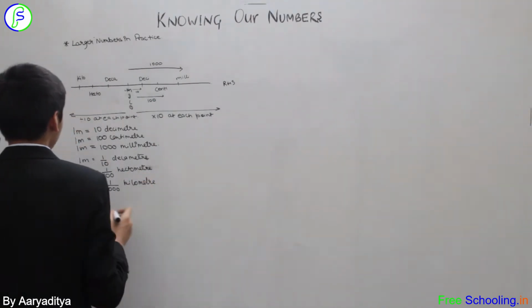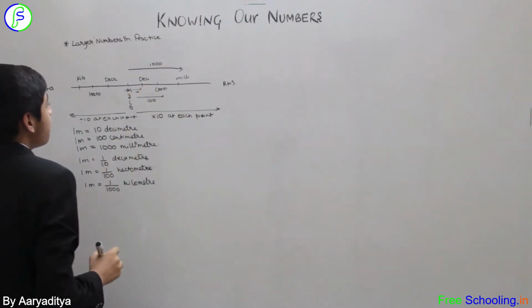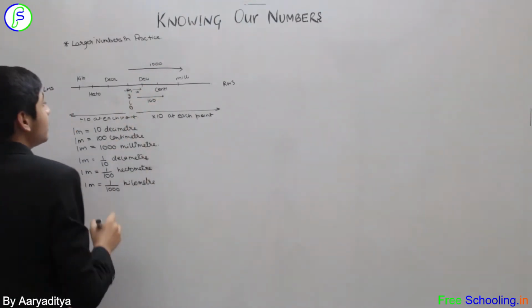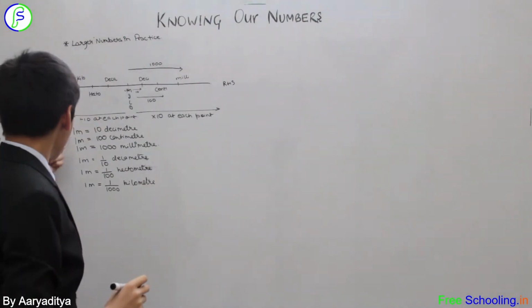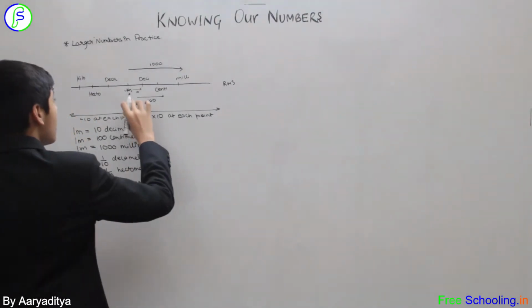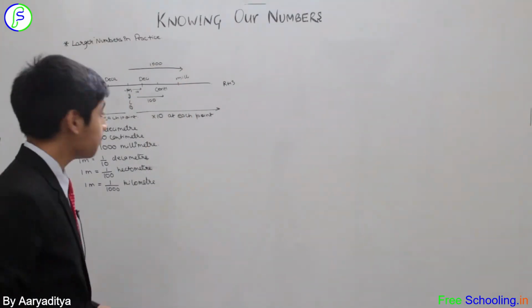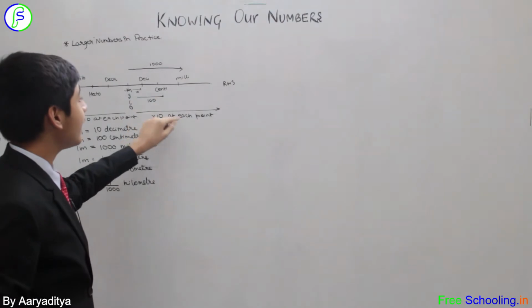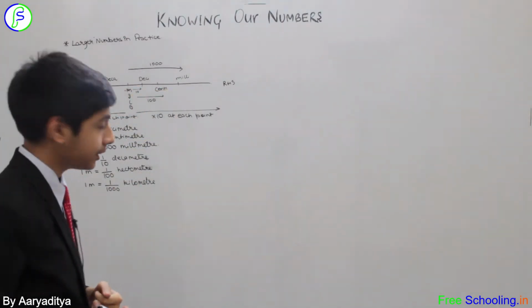So similarly 1 gram would be equal to 10 decigram, and when it is going to centi, so 1 gram will be equal to 100 centigram, as I have told you earlier with meter. Then again, if gram is going to milligram, it will be multiplied by 1000, because it is a multiplication of 10 at each point. And there goes a third, so 10 to the power 3, which is equal to 1000.